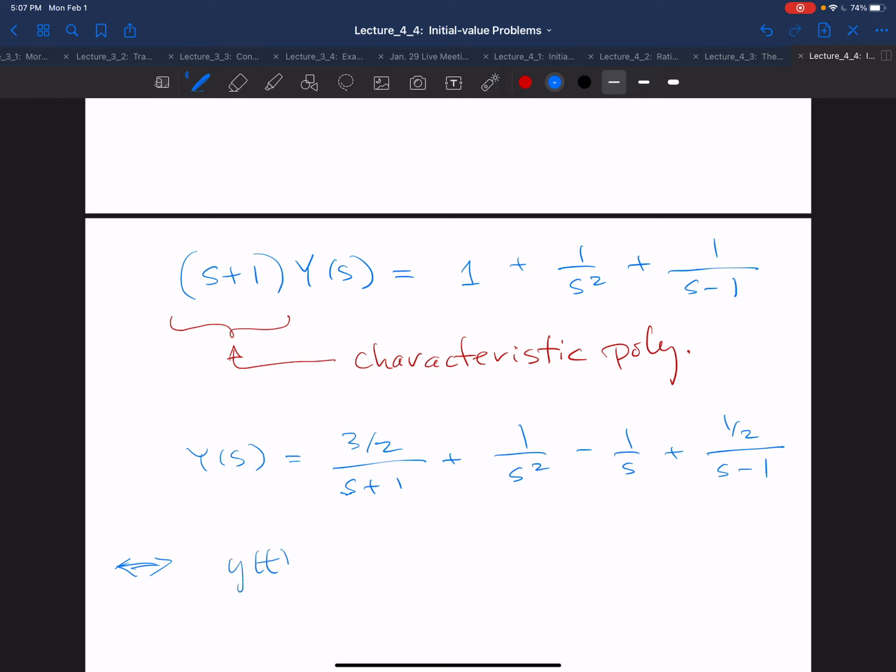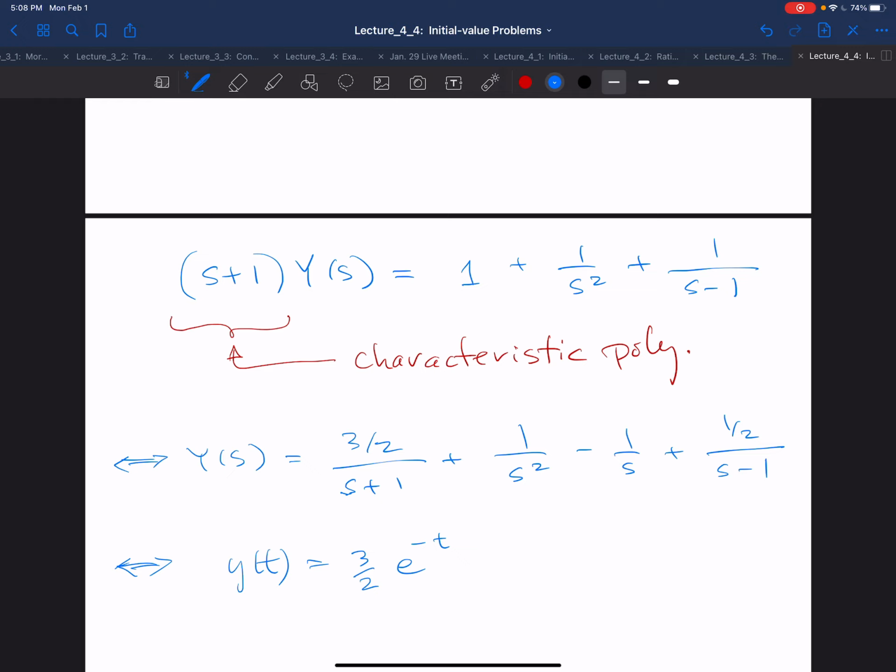So y of t we can now get by inverting these simple transforms into which we've decomposed the expression for Y of s. This first one is, of course, the transform of an exponential, e to the minus t. I won't bother putting in the unit steps to make it clear that we're talking about one-sided functions.